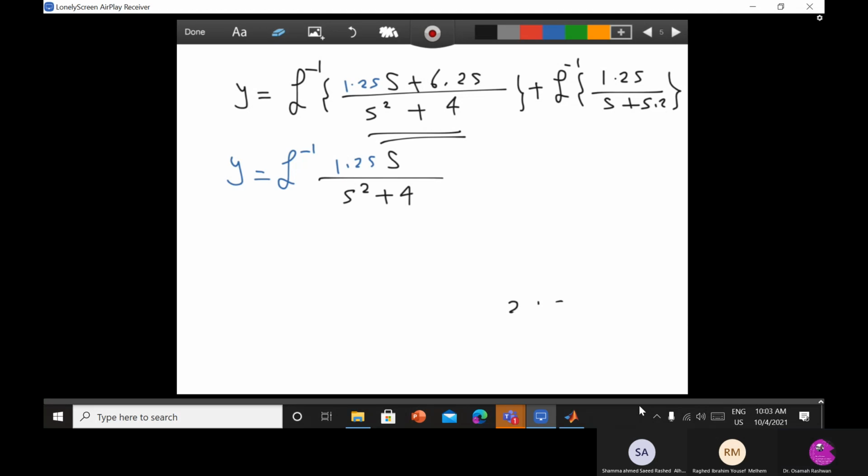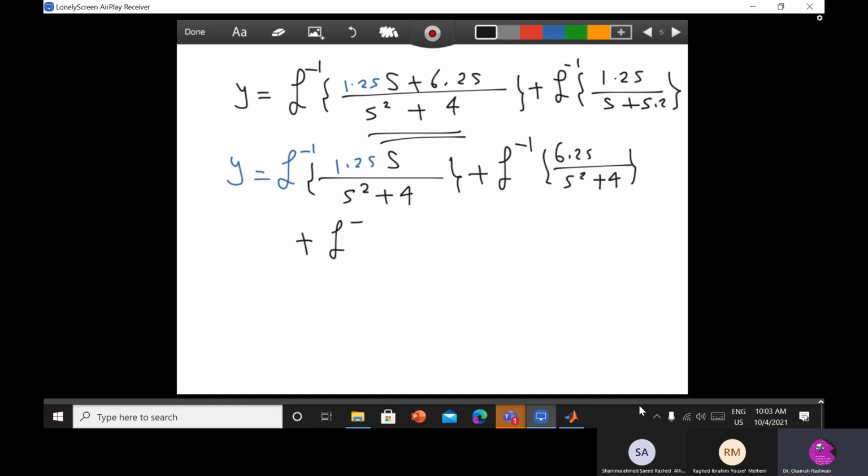Fine? Plus Laplace inverse for 6.25 over S squared plus 4, plus Laplace inverse for 1.25 over S plus 5.2.